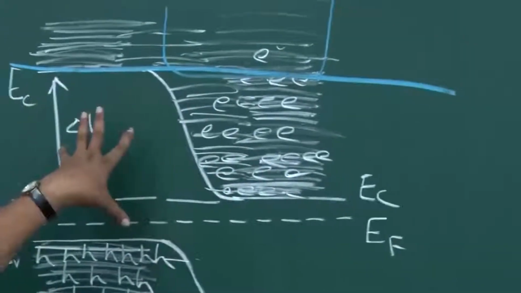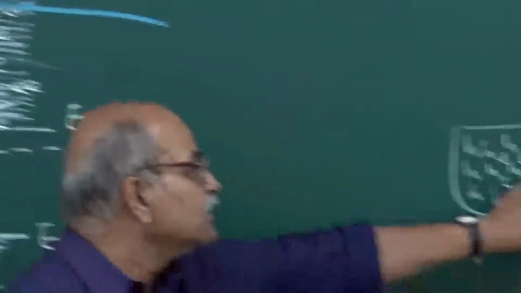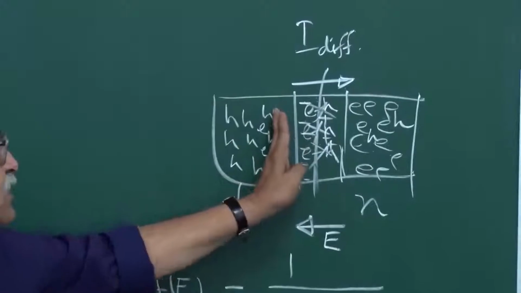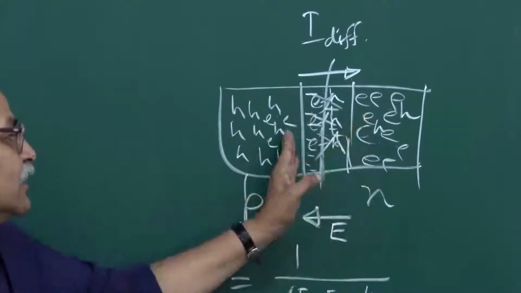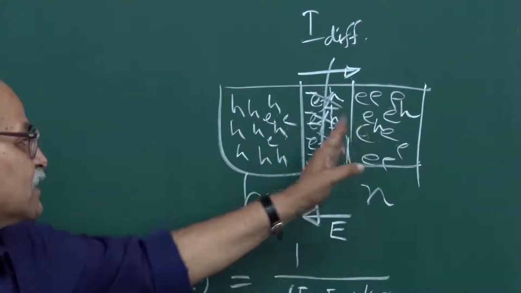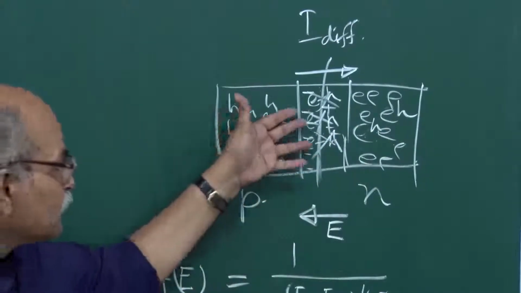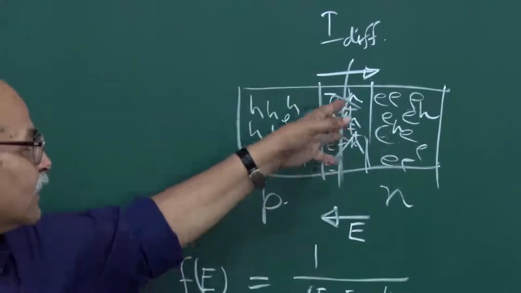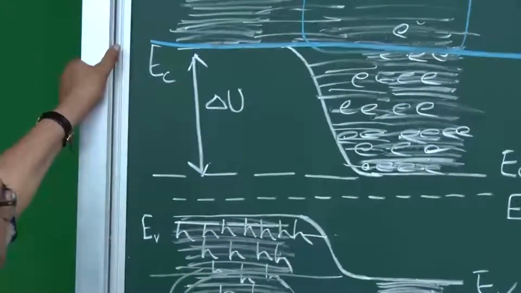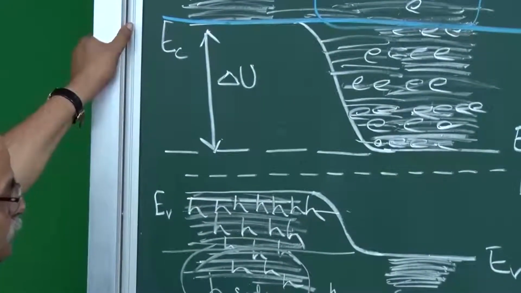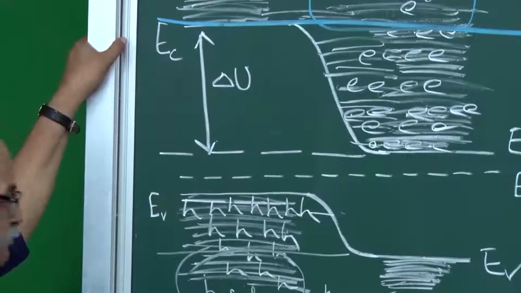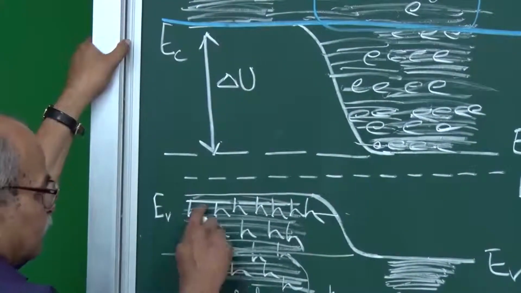If there are minority carriers in the depletion region or close to the depletion region, let us say these are generated somewhere here, then it diffuses into the depletion layer and then this electric field takes over.